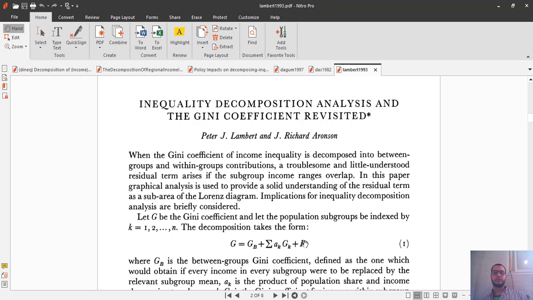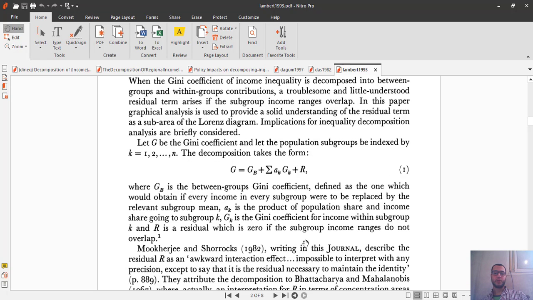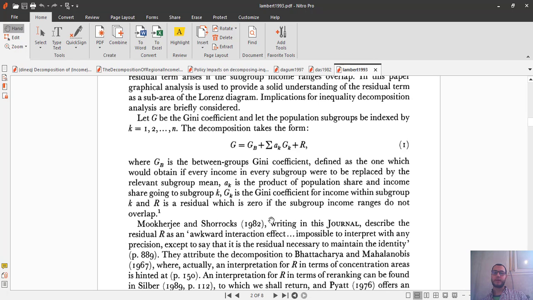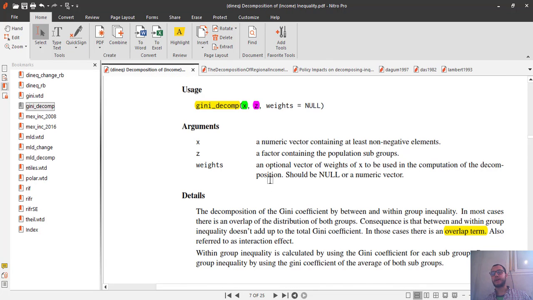This is the residual or the overlap term between groups. The residual is 0 if the subgroups in the common range do not overlap. It is also referred to as the interaction effect, the overlap term, or the residual term.